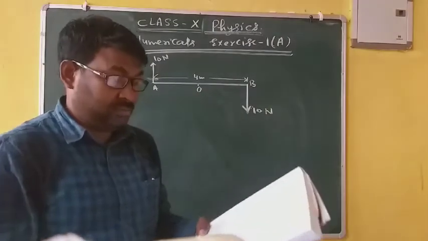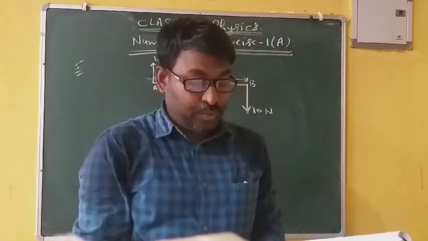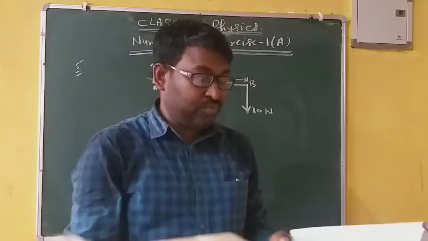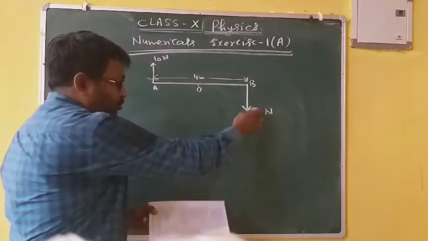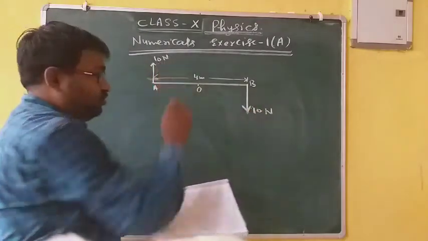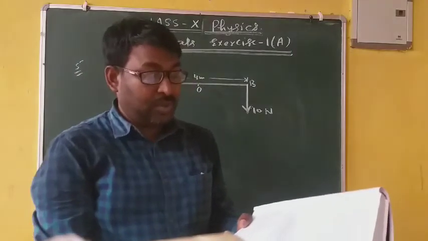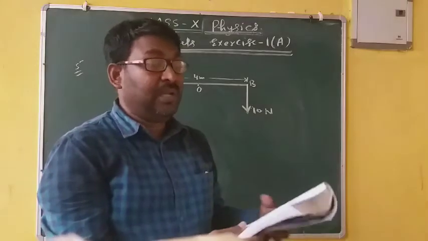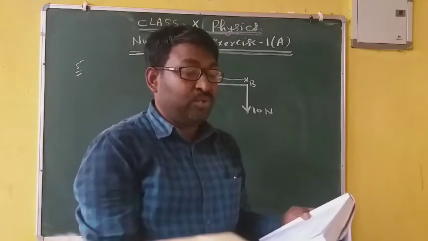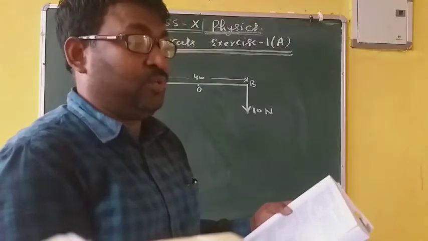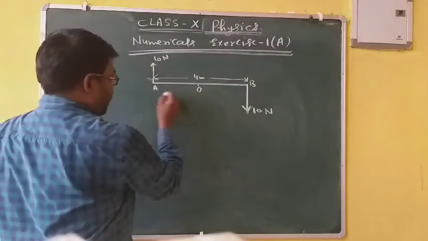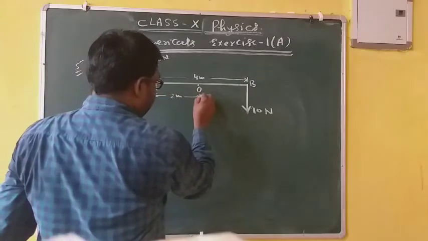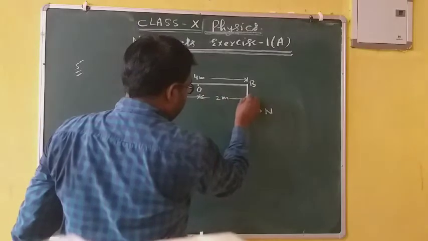Now listen to the question. Two forces each of magnitude 10 Newton act vertically upward and downwards, each of them of 10 Newton, at the two ends A and B of a uniform rod of length 4 meter, which is pivoted at its midpoint O. O is the midpoint, so this distance is 2 meter, as well as this distance will be 2 meter.